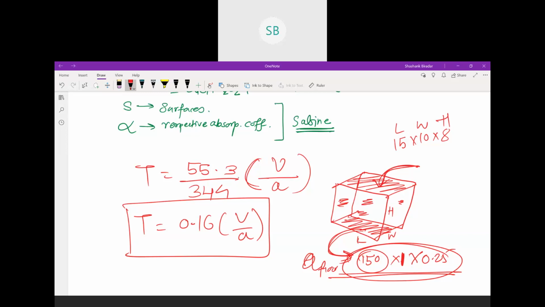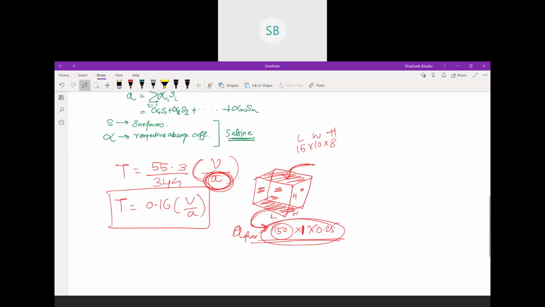If there is a thick carpet, you can take the absorption coefficient as 0.58. If there are curtains or an audience, all these things you need to consider while calculating the reverberation time, and that is included within this A. So this is what the reverberation time is.